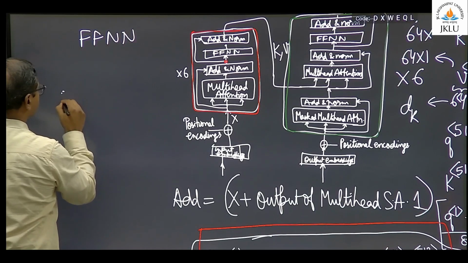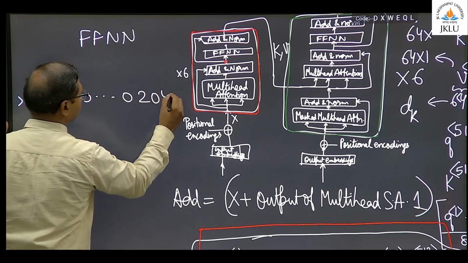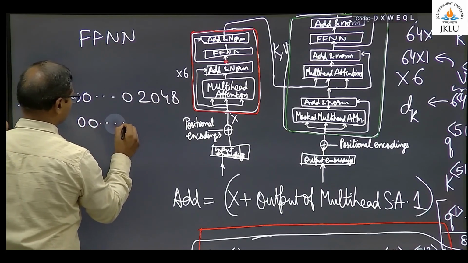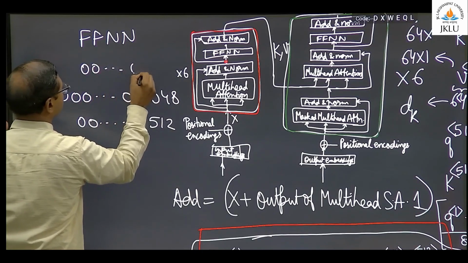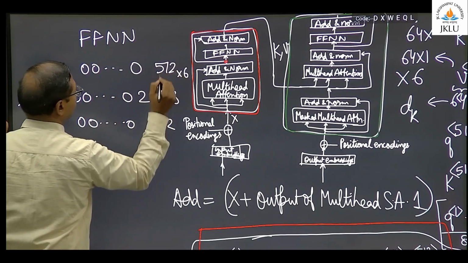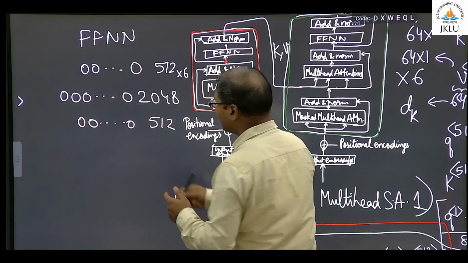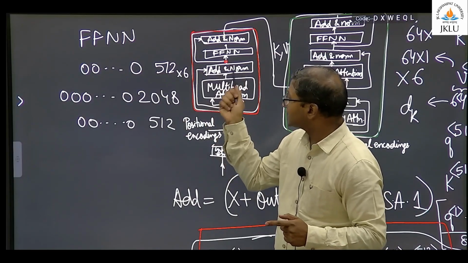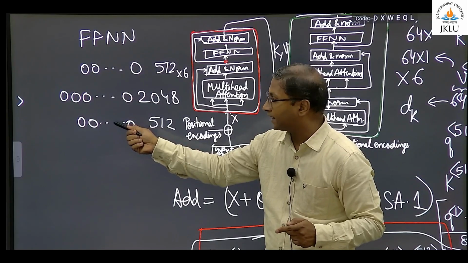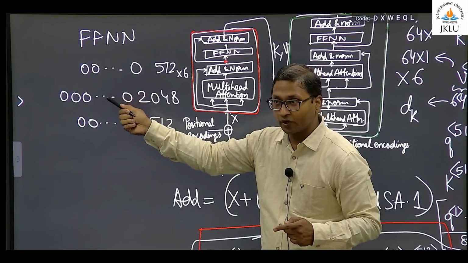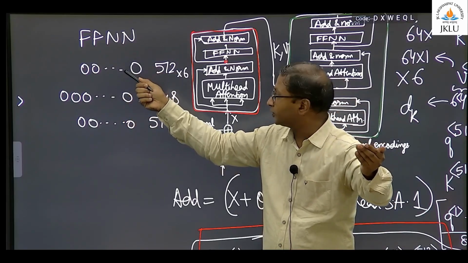FFNN is nothing but this. That's it. The output of this add and norm goes in here and then 2048 and then project it back to 5 and 2.